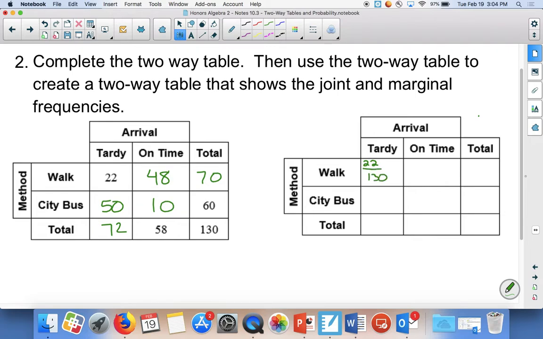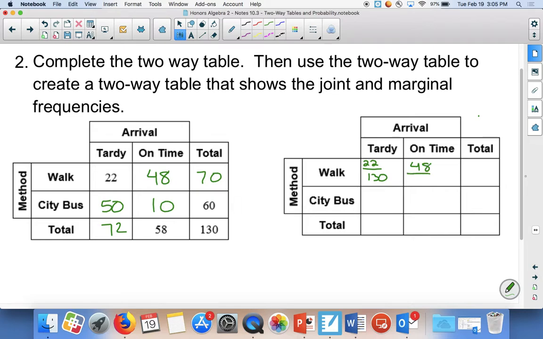Now, I have decimals along with that, but I'm not going to be able to fit that in that tiny little box. So you can take 22 divided by 130, and that gets you 0.169, and you can certainly write that down for yours. I'm going to just stick with the fractions, okay? All right, so then how many people walk and are on time?